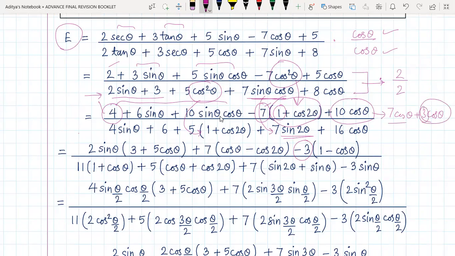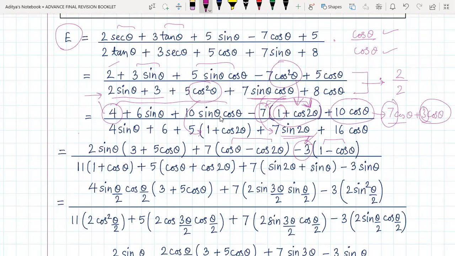If I take minus 3 common, inside we'll be left with 1 minus cos theta. It's very simple to understand that we can take it common like this. Moreover, we are also going to take 7 common from the 7 into cos 2 theta that will be generated, so that we will get cos theta minus cos 2 theta inside of the 7.